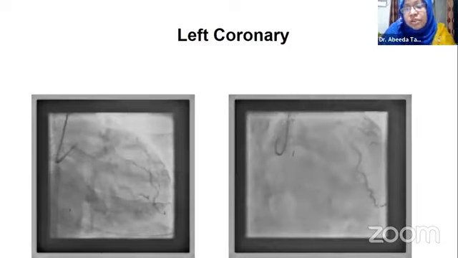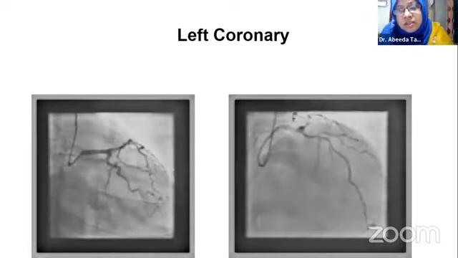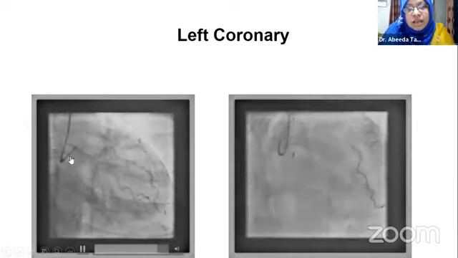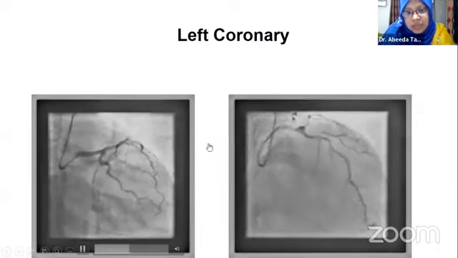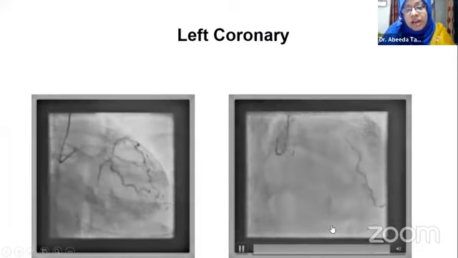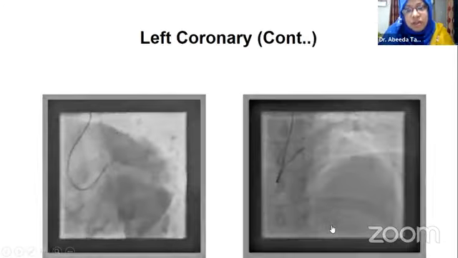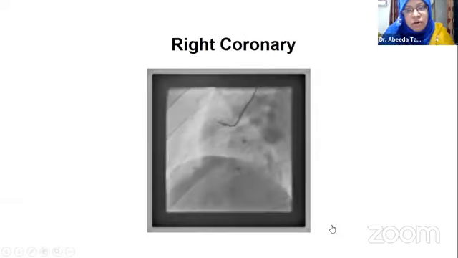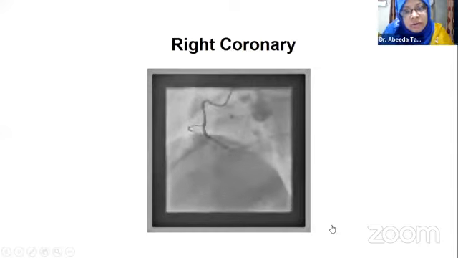Here is the left coronary system, where in the first view we can see the LCX, and in the second view the left anterior descending artery. Both look fine. So we move on to the right coronary artery.